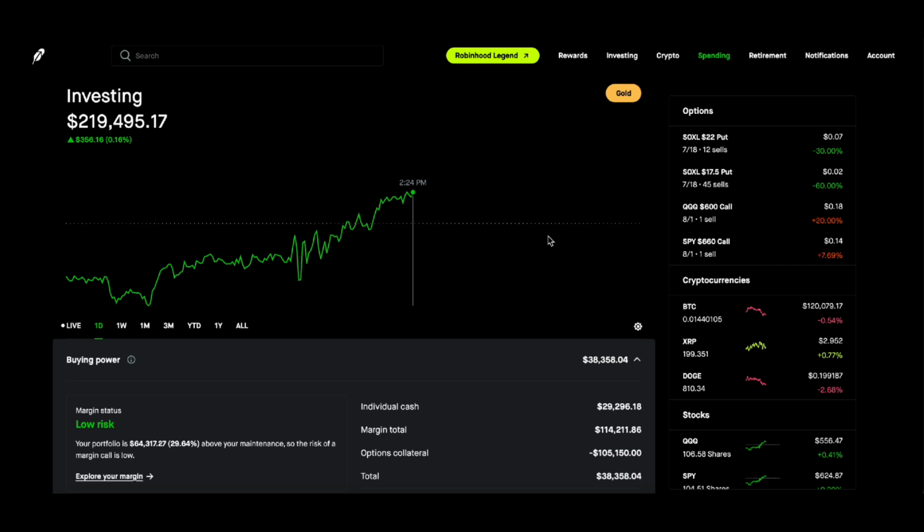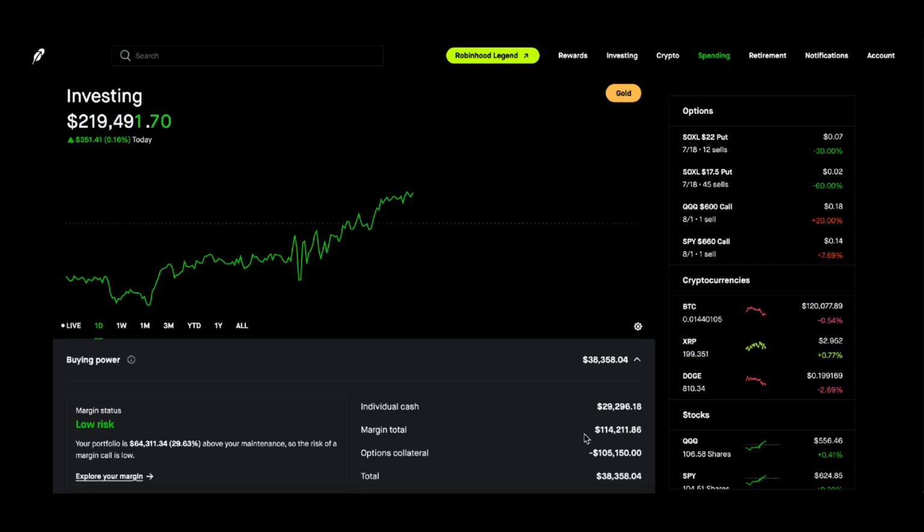Whereas with a margin-enabled account, you can borrow or get a loan on the assets that you hold. Say, for example, in this account I have roughly $220,000 worth of assets that includes ETFs and stocks.